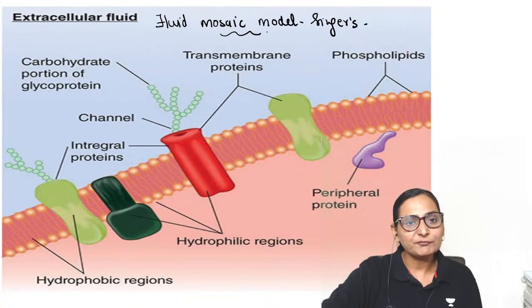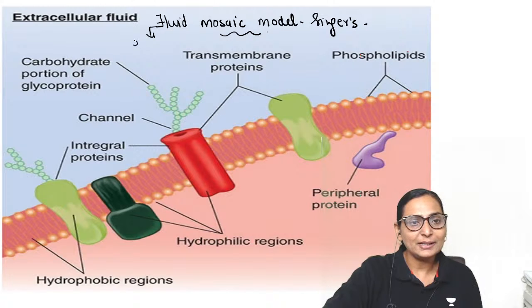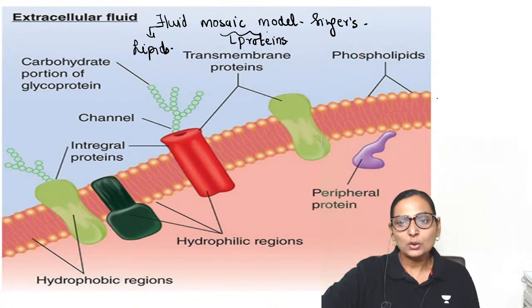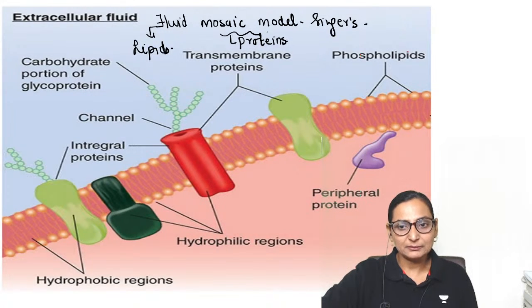In this model, the fluid is your lipids, and the mosaics are the proteins. You know that it is a bilipid layer, and the lipids have got hydrophilic and hydrophobic portions.